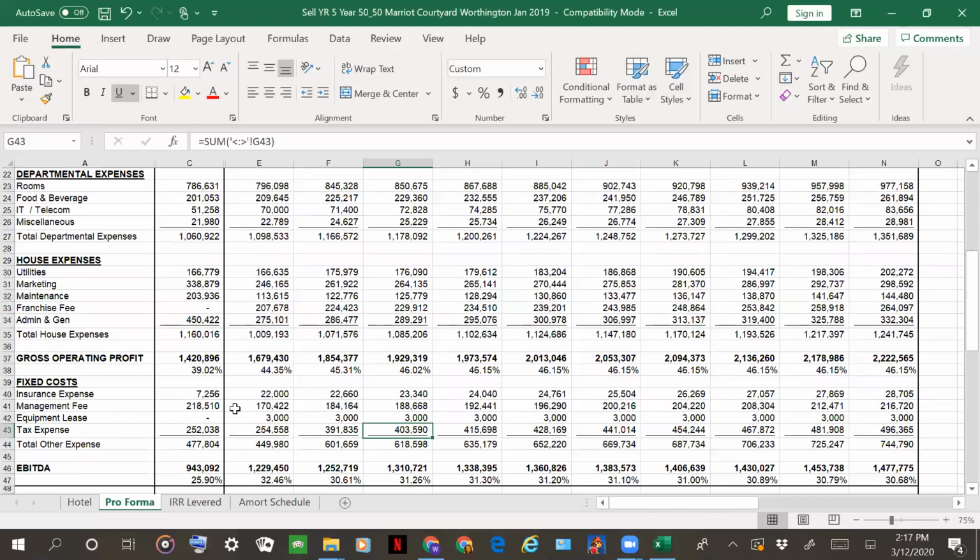The management fee, that's a flat 3% or 4%, but your tax expense is what adjusts. And so in order to compare apples to apples, the hotel industry likes to use the gross operating profit to determine how efficient the property is running. Now, there's nothing wrong with operating at 30%, 35% gross op profit, but it will affect your bottom line. But we know when a hotel is operating below 30 or 32%, then we know it's not performing well. All right. So that's that.